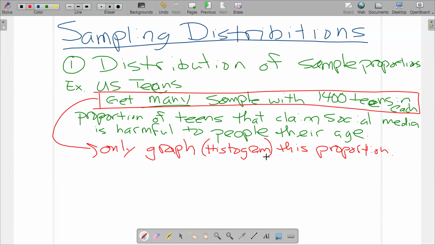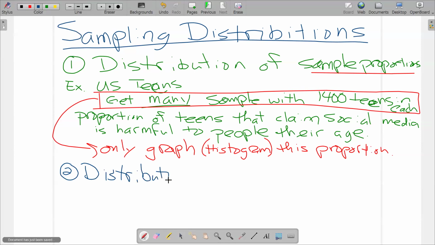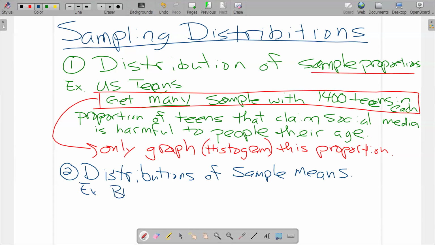So there's many kinds of sampling distributions. We're going to focus on two this quarter. One is distributions of sample proportions. And the second one is distributions of sample means. Okay. Example of that would be BMI of US adults. And to create a sampling distribution, I would have to collect many samples.